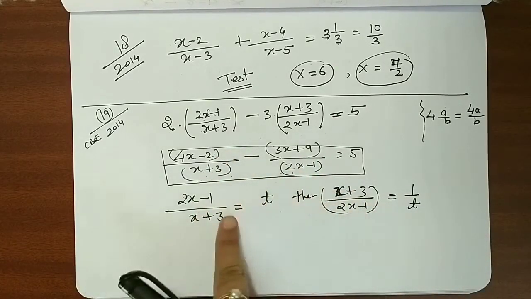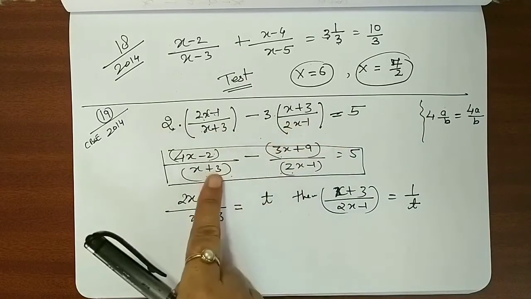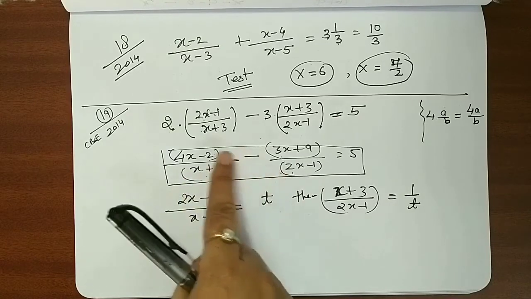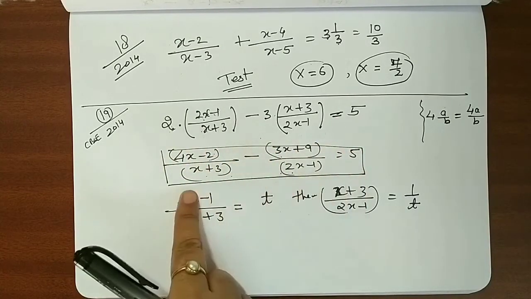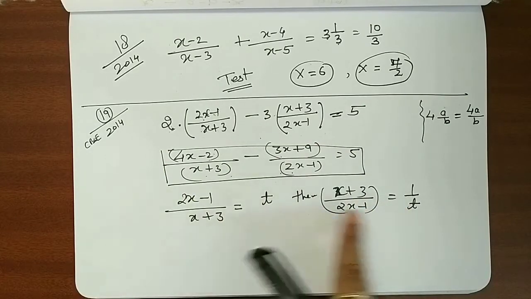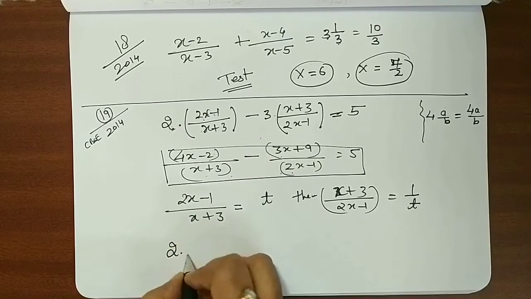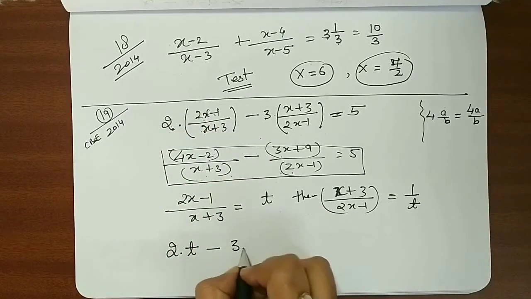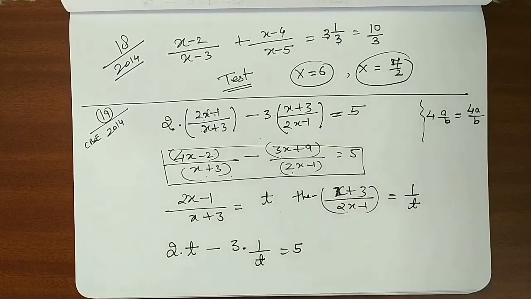This came out of observation. Suppose you are not able to observe by chance in exam, then you can go ahead and solve it like previous questions. Multiply this with this, take LCM and bring it in a simple form. But if you are able to observe, let's try this method. So it is 2 into t minus 3 into 1 by t is equal to 5.